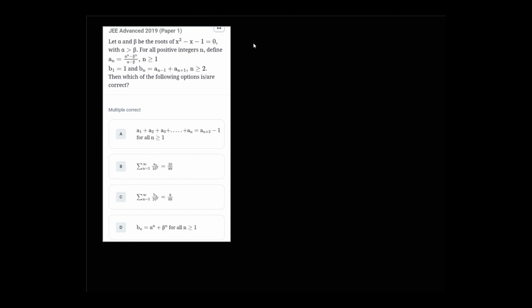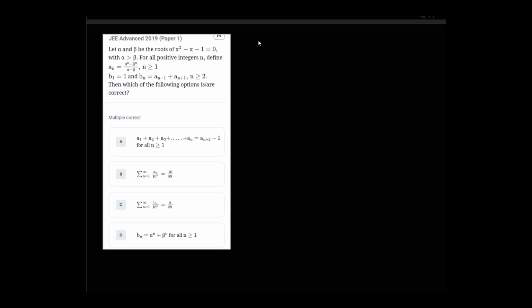Now they have said that alpha, beta are the roots of x square minus x minus 1 equals to 0, and said that a n equals to alpha power n minus beta power n by alpha minus beta.